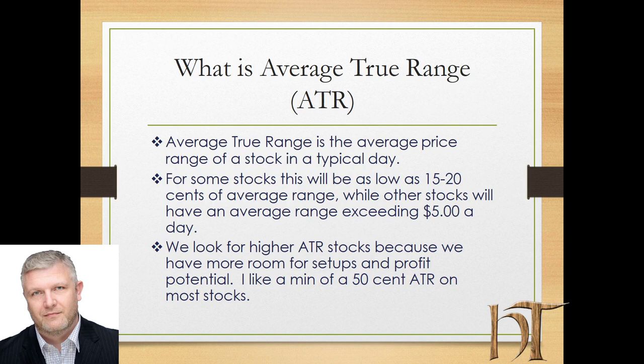A stock that only moves 10 cents, I'm going to have to capture almost the entire move of the whole day in order to make my profit target. Whereas a stock that has an average true range of $5 is going to be much easier for us to find a small area on the chart to pull a piece of that profit, and we get out with a little bit of that $5. Even if it's only 50 cents or 60 cents, there's much more within that range that we can capture.